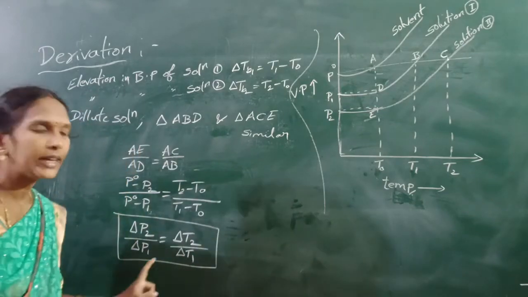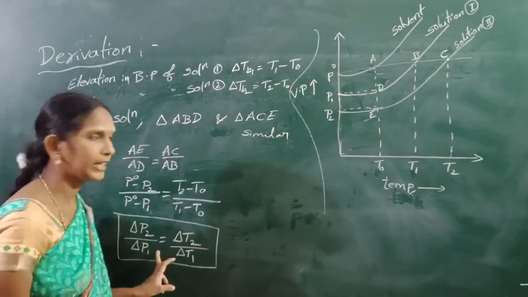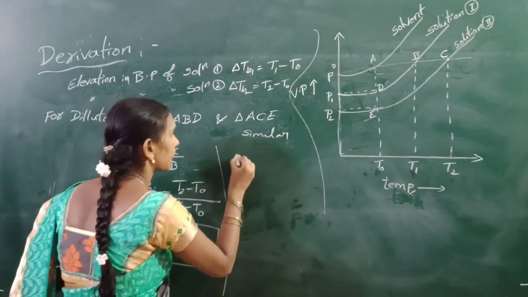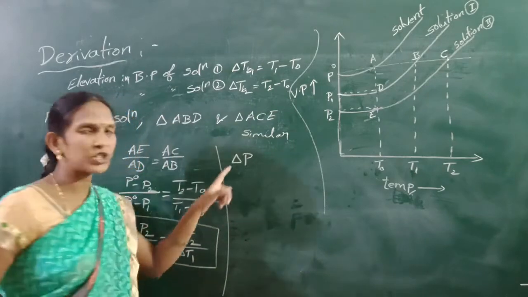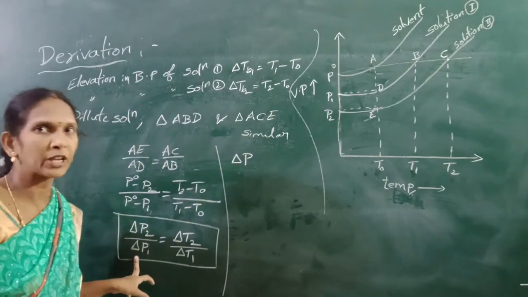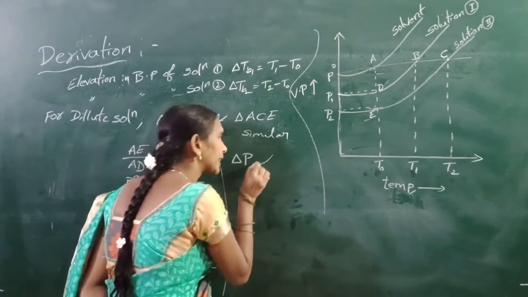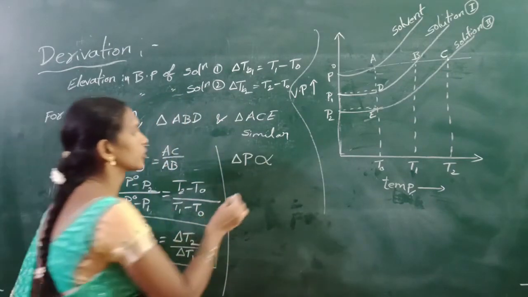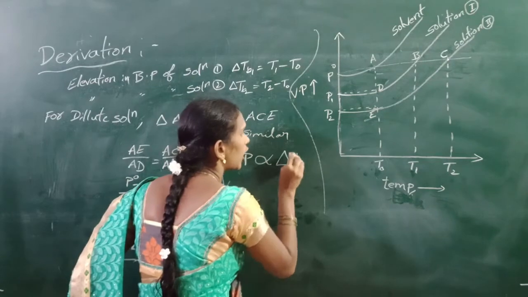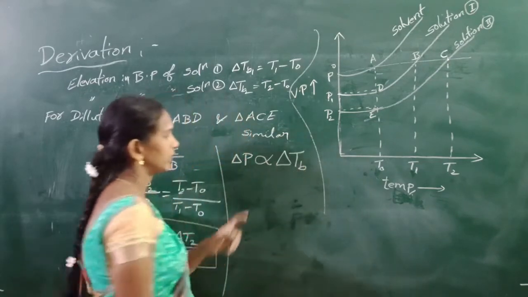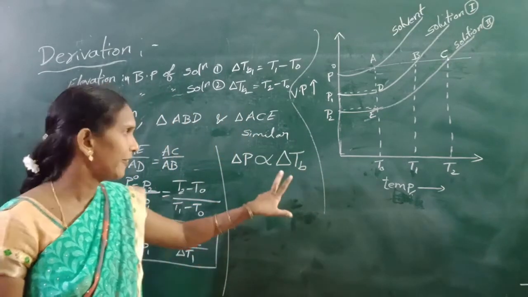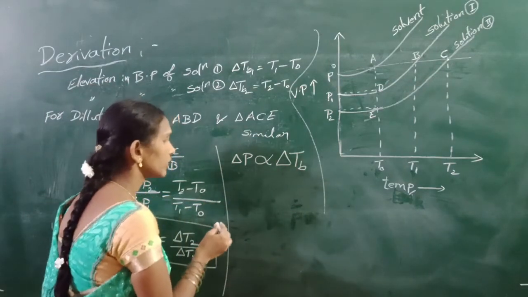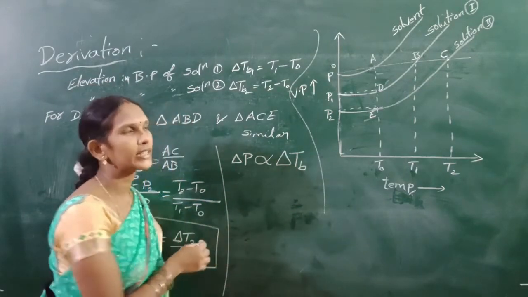This relation indicates the lowering of vapor pressure is always directly proportional to the elevation of boiling point, delta TB. Next, Raoult's law: what is Raoult's law?